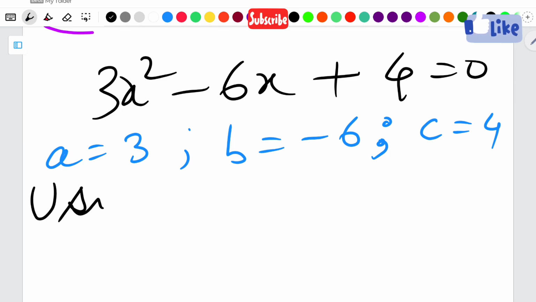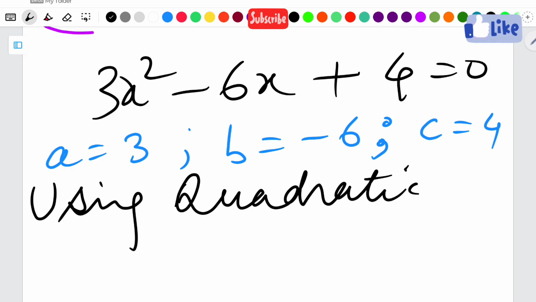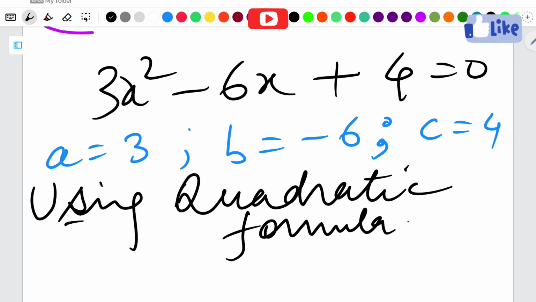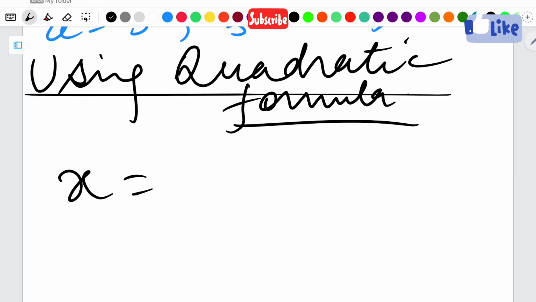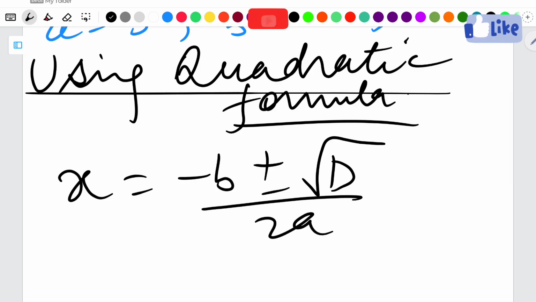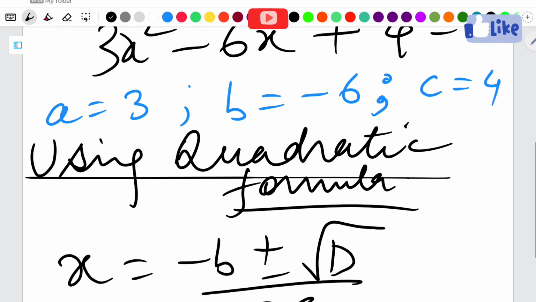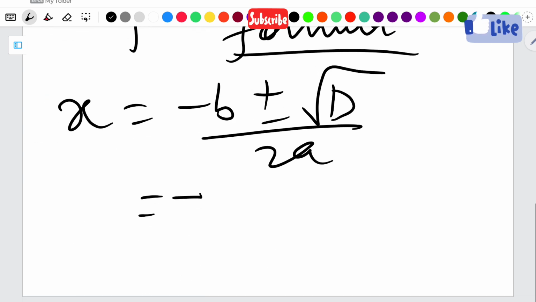Using the quadratic formula, and what is the quadratic formula? x is equal to minus b plus minus root under d by 2a. Now what is this value? b is minus 6, so this is minus 6 plus minus, what is the formula of d?